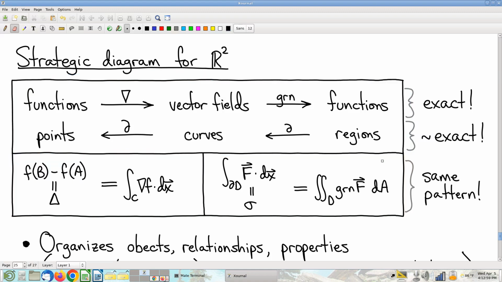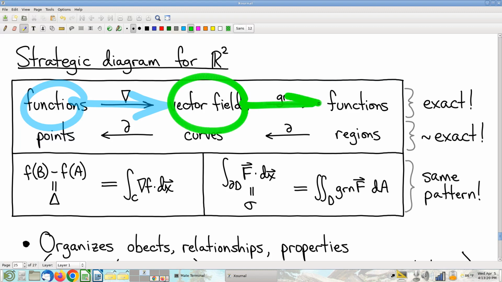Okay, so let me remind you, we talked previously about composing the gradient operator and Green's operator, and that this gives you an exact sequence, by which I mean, recall, if you have a function and you look at its gradient, if you then take that gradient vector field and compute Green's operator, you will get 0.